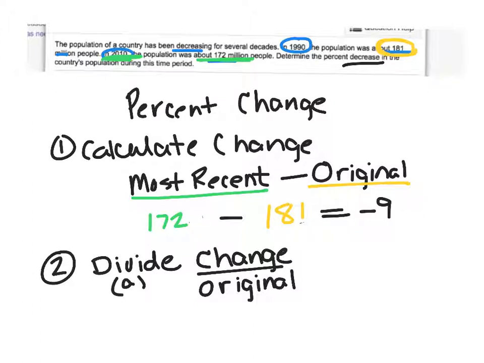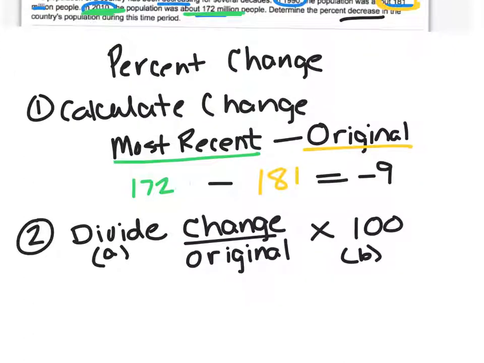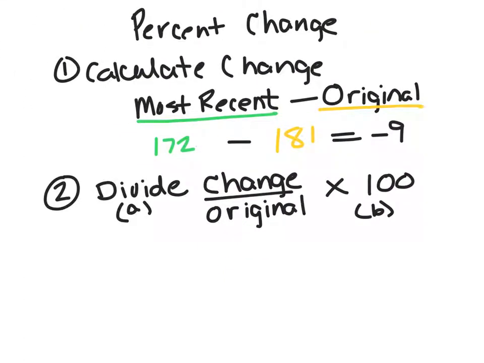Step B is then to multiply that by 100. I'm going to combine these two smaller steps into one big step, and you'll see why that makes sense in a second.